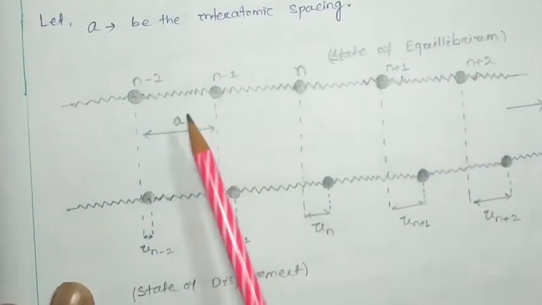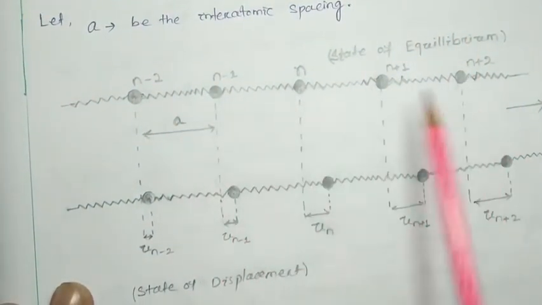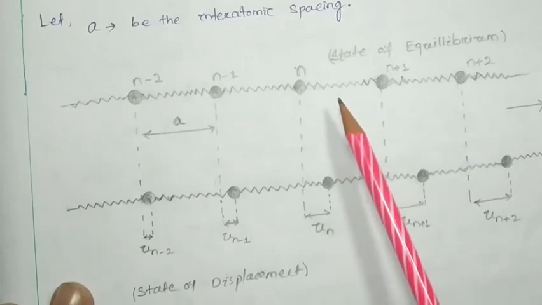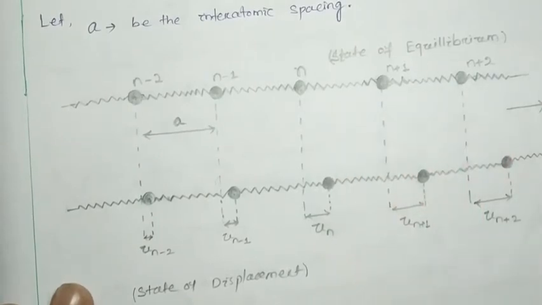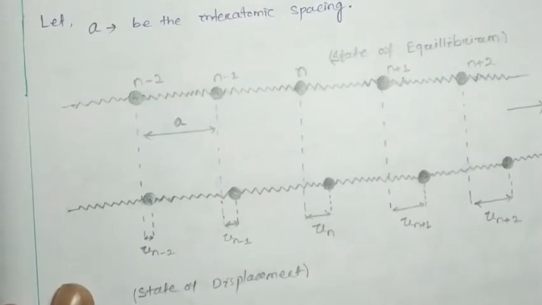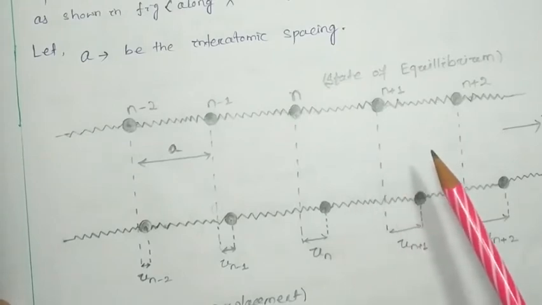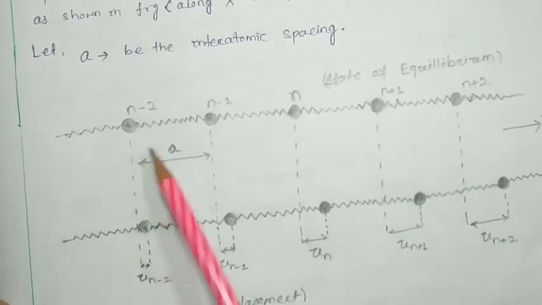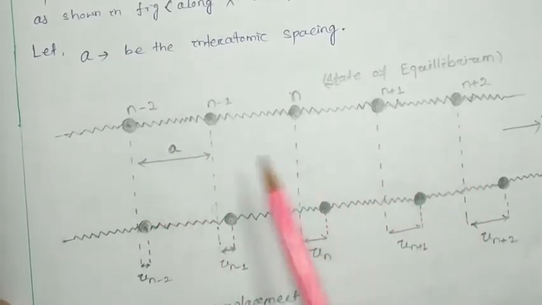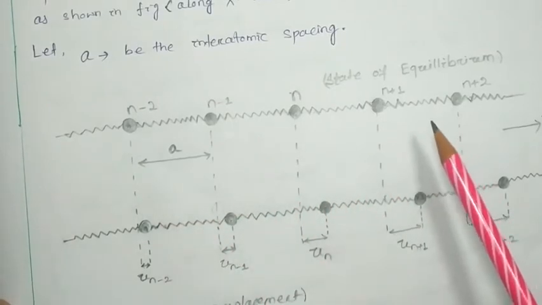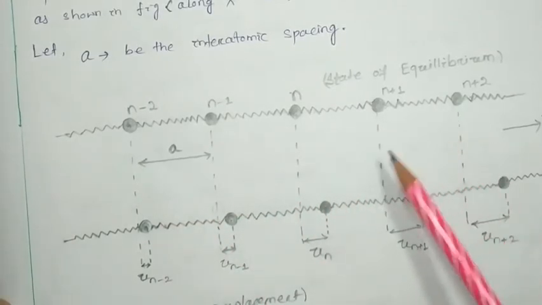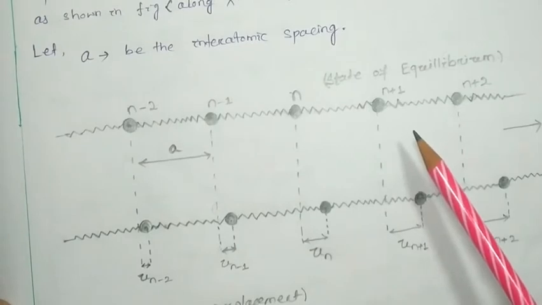So when this monoatomic lattice vibrates, what type of physical phenomenon are we going to observe, that we are going to discuss. This lattice vibration may be at lower frequency or at higher frequency.